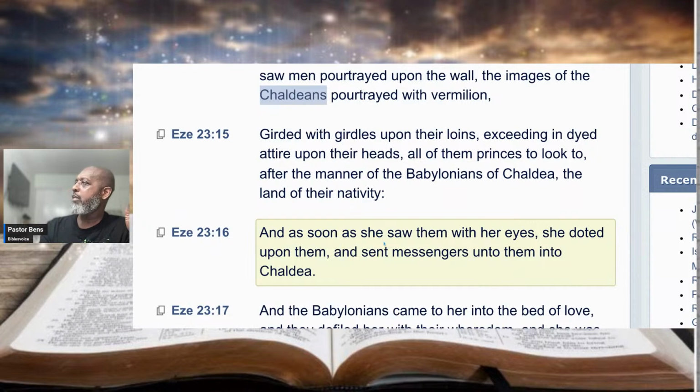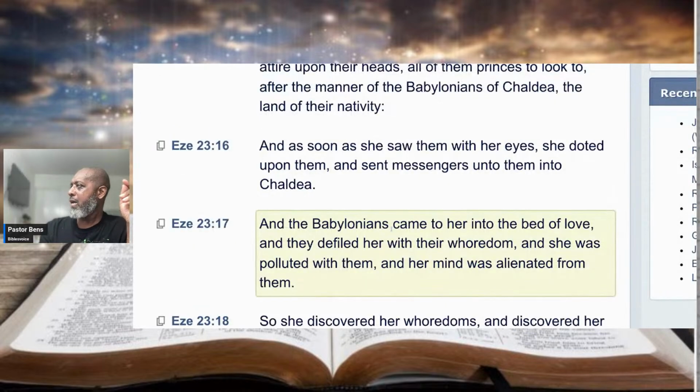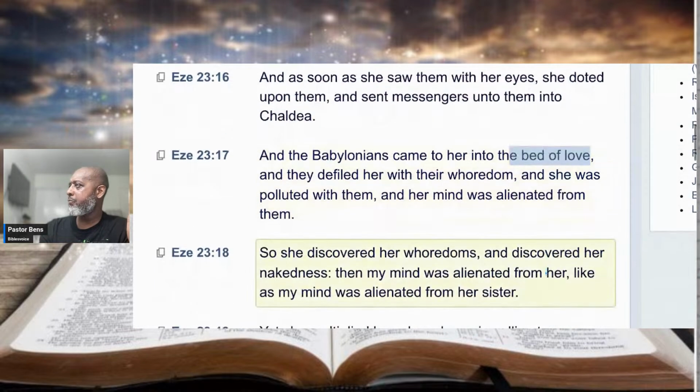And as soon as she saw them with her eyes, she doted upon them and sent messengers unto them into Chaldea. And the Babylonians came to her, watch this, into the bed of love. And they defiled her with their whoredom, and she was polluted with them, and her mind was alienated from them.